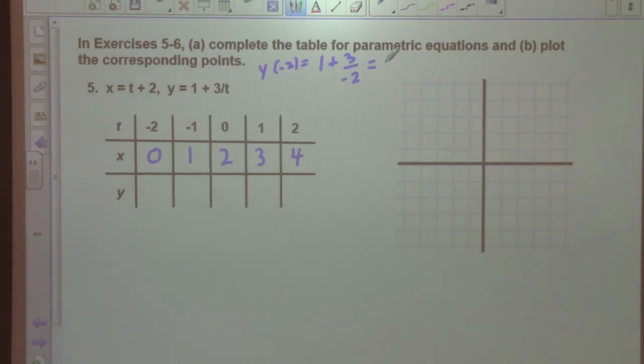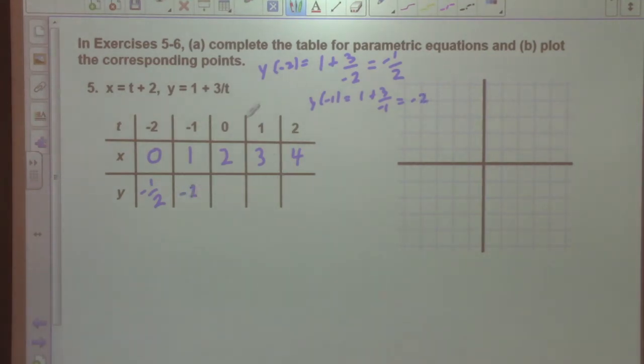Which is going to be equal to negative 1/2. So this is going to be negative 1/2 right here. And if we plug in negative 1, y of negative 1 is equal to 1 plus 3 over negative 1. So that's going to be 1 minus 3 equals negative 2.